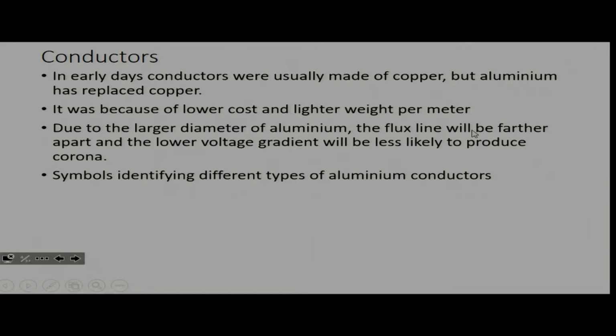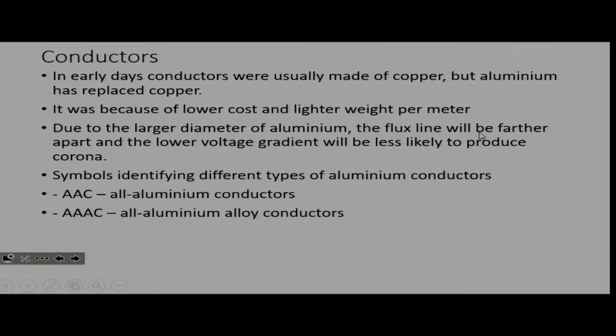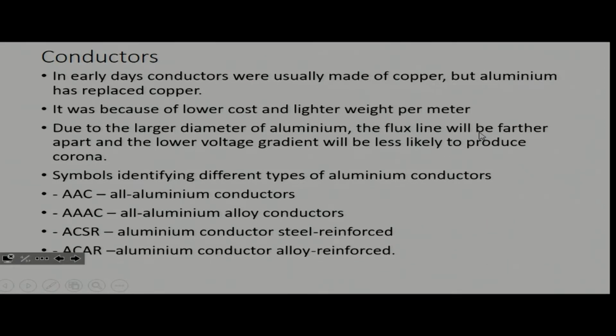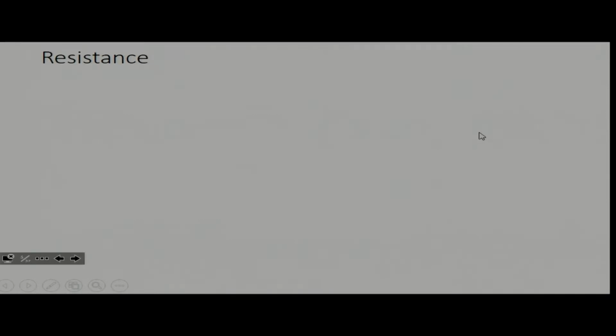Symbols identifying different types of aluminium conductors: AAC, all aluminium conductors; AAAC, all aluminium alloy conductors. And then we have ACSR, aluminium conductor steel reinforced, and ACAR, aluminium conductor alloy reinforced.